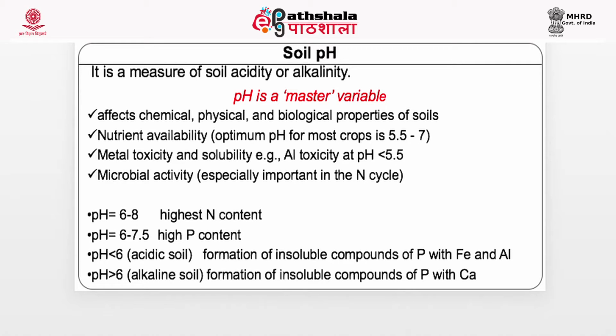At pH less than 6, which is known as acidic soils, there is formation of insoluble compounds of phosphorus with iron and aluminium, and at pH greater than 6, in soils which are classified as alkaline soils, the formation of insoluble compounds of phosphorus with calcium is commonly found.